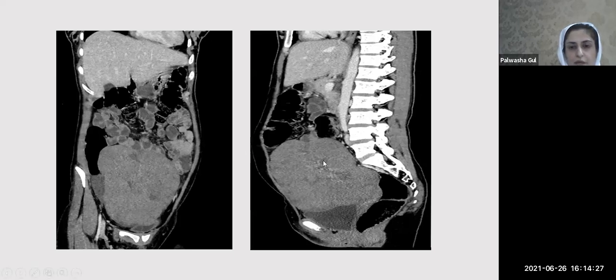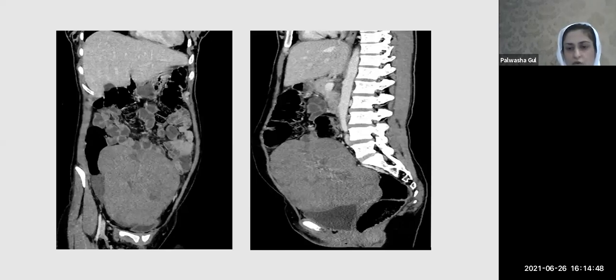When you see such a solid lesion in a female pelvis in a young patient, maybe 18, 20, or 23 years old, the first thing that should come to your mind is whether this is a subserosal fibroid, and in that case, you need to differentiate if it is originating from the uterus or not.